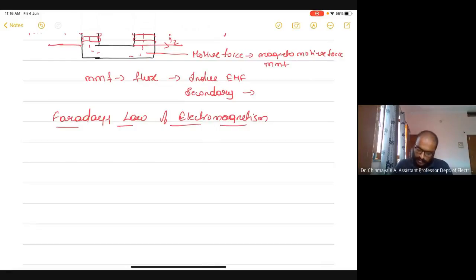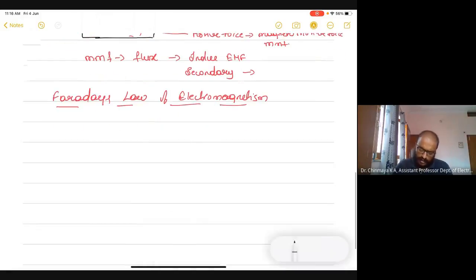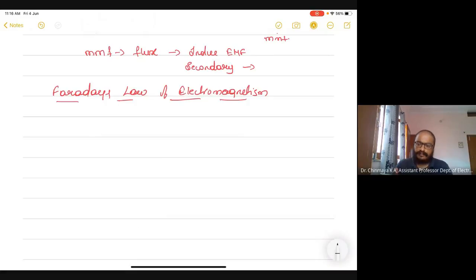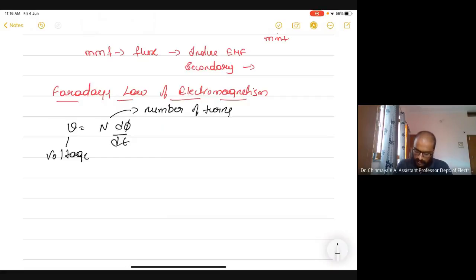So we can write the induced voltage, or any voltage V, as equal to N into d phi by dt. This is voltage, this is the number of turns, and this is the rate of change of flux.